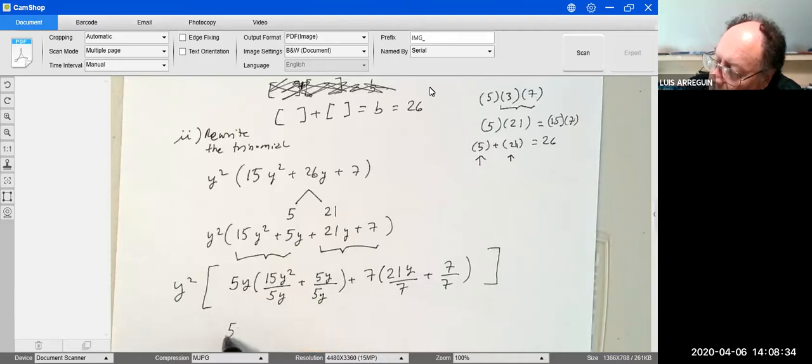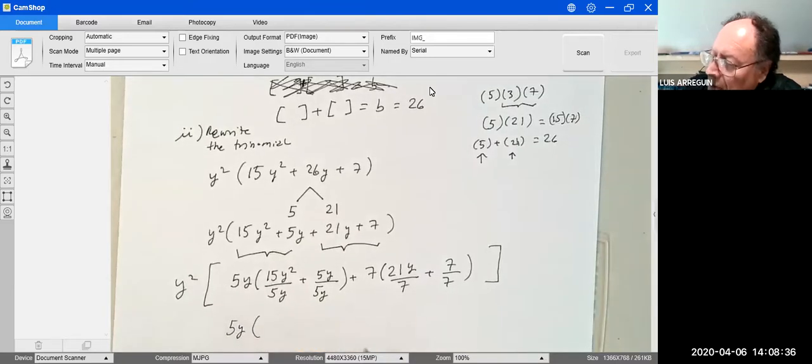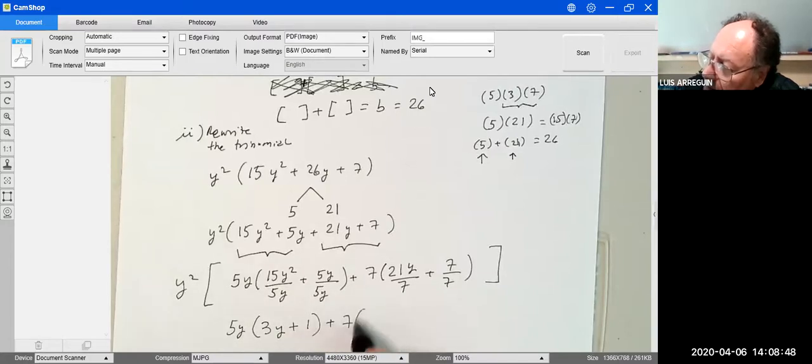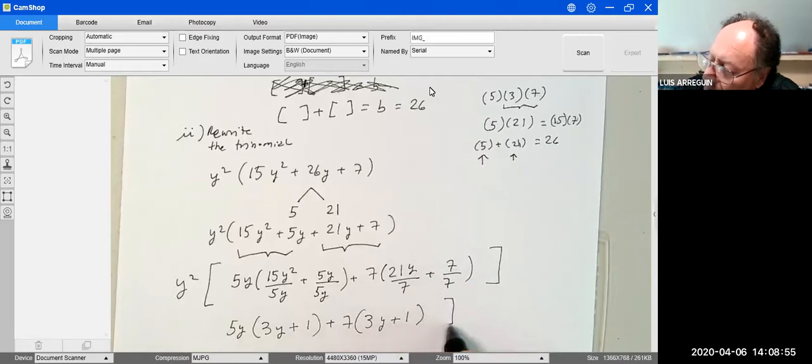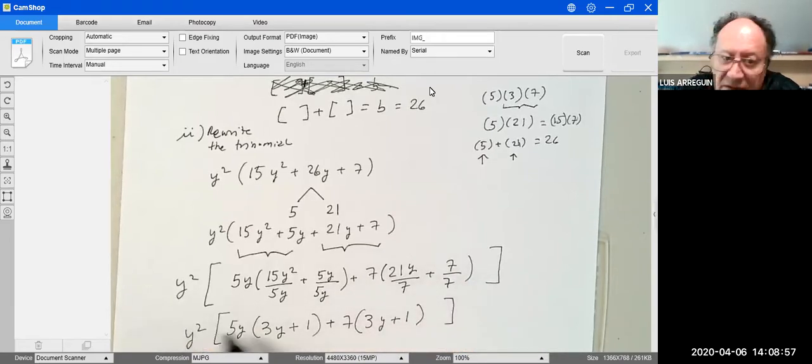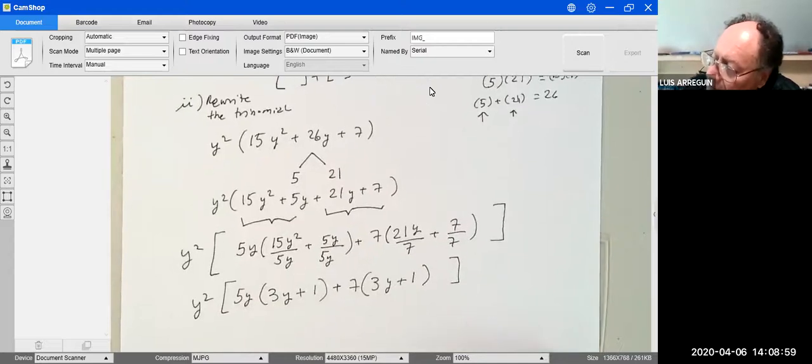So when I have 5y that multiplies 15 over 5, that is going to be 3, y squared over y is going to be y, and 5y over 5y is just 1. Then we have 7, 21 over 7 is 3, y again, plus 1 because 7 over 7 is 1. And this is multiplied by the greatest common factor that I found at the very first step.